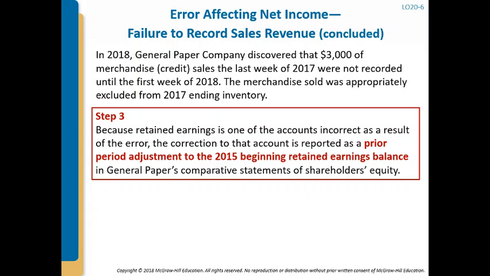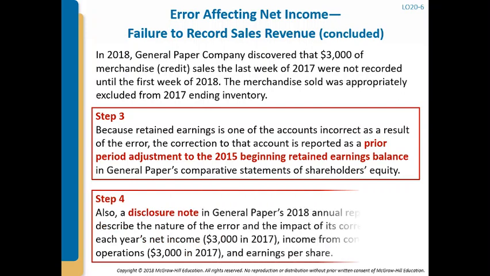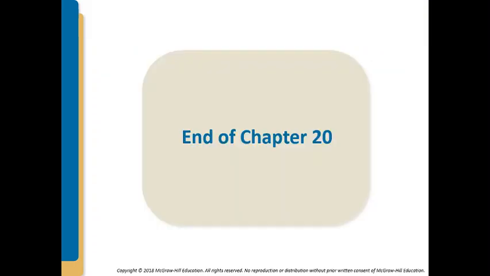Well, if you've got comparatives there, I think it's actually going to be the 2017 beginning retained earnings balance. And of course, you have your disclosure note. All right, so that's it for chapter 20.